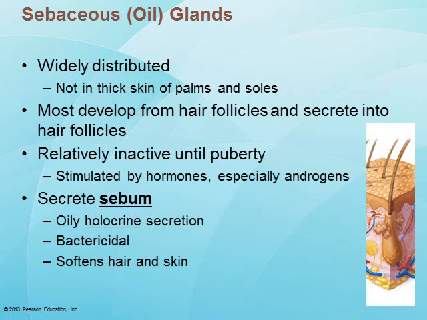If it goes too dry, your skin will get damaged very quickly. So the sebum secreted by the sebaceous gland helps to protect your skin. Please make sure that you are able to distinguish the sebaceous gland and the sudoriferous gland. The sudoriferous gland is a sweat gland, and the sebaceous gland is the oil gland.